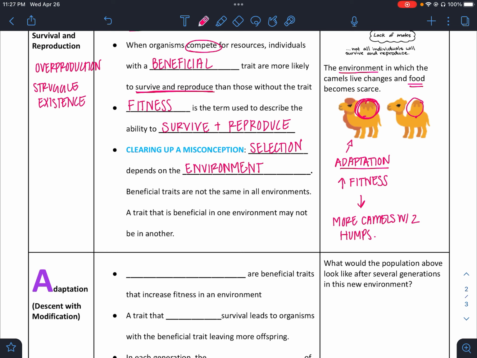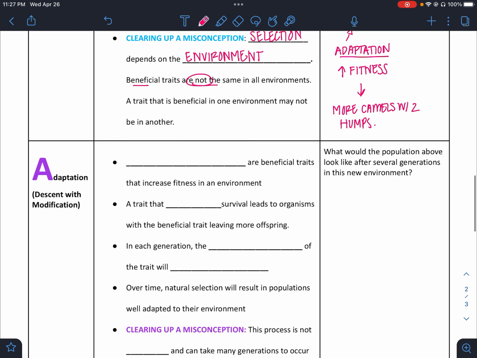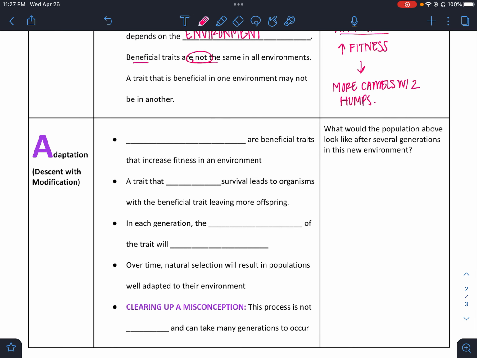Okay. Beneficial traits are not the same in all environments, and a trait that's beneficial in one, that increases fitness, may not be beneficial in another.